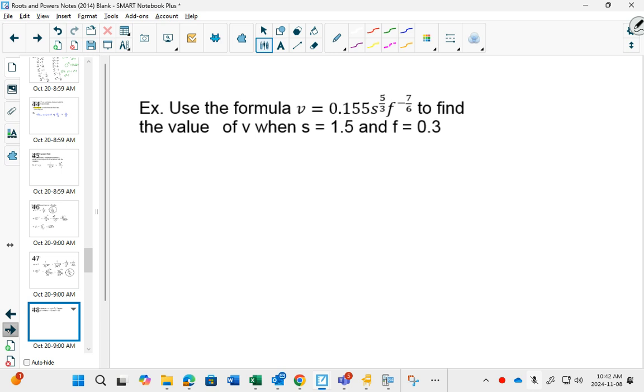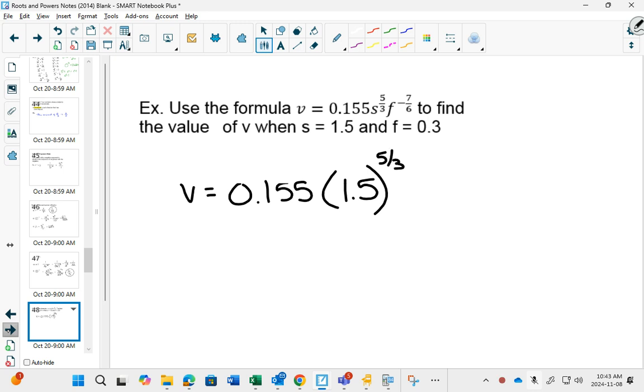And this last one is, can you type this into your calculator? They tell me that S is 1.5, so I replace the S with brackets and 1.5. It's to the exponent of 5/3.